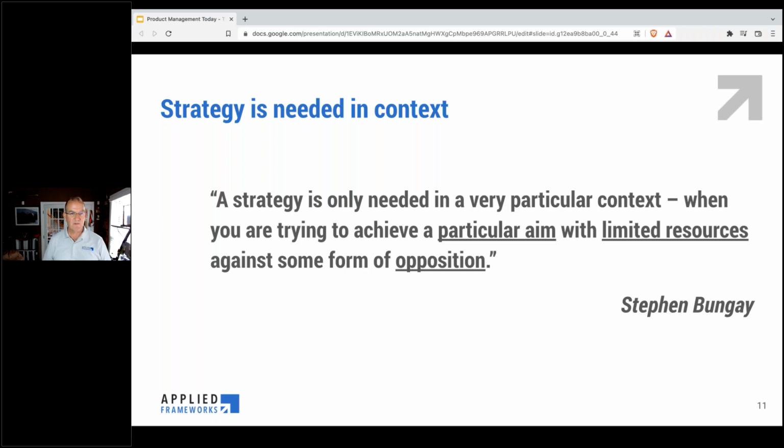And while this idea sounds a bit confrontational, in the context of product strategy it's actually quite generative. We can think about the particular aim as the vision, and we always have limited resources. We're constrained either by time or money or some other constraint, and we always have to think about the opposition, whether it's a competitor or, in some cases, the current state of our clients, what situation they're in, and we're trying to create a better outcome for them.